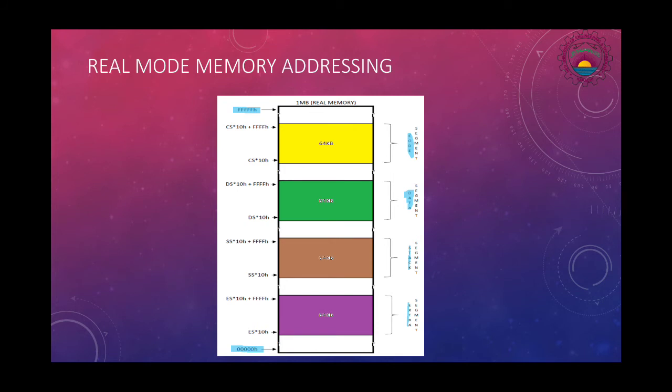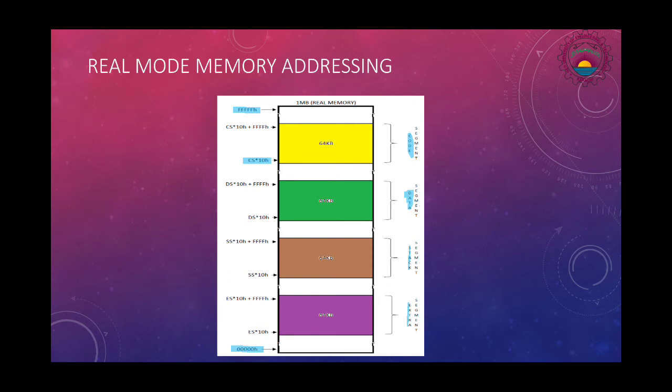Because microprocessors are having 4 segment registers. So as we have discussed the formula for physical address generation in the previous slide, the starting address of code segment may be calculated by multiplying that code segment register with 10H. So that is the starting address of code segment in real memory.